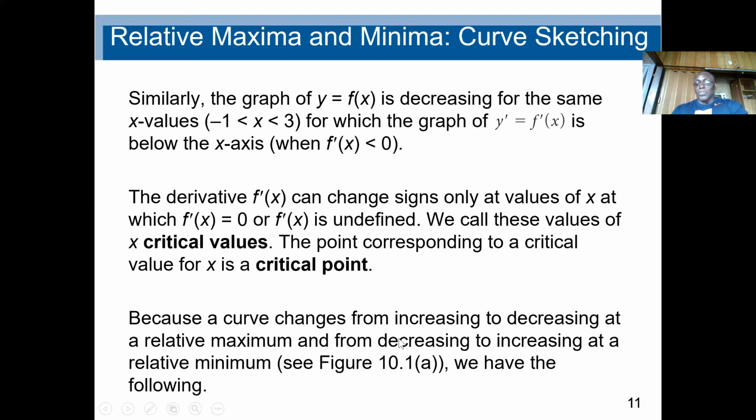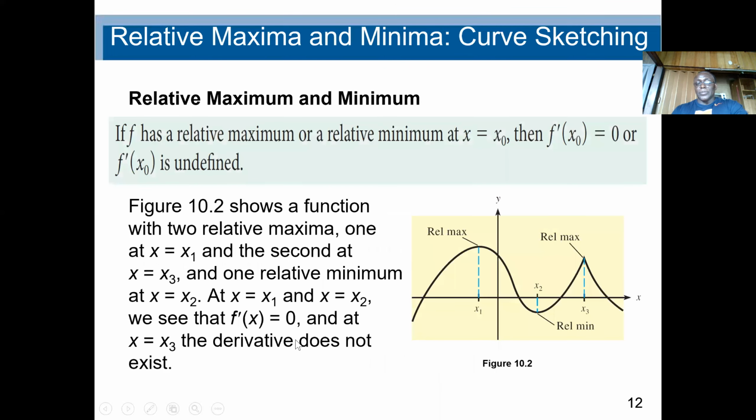Because the curve changes from increasing to decreasing at a relative maximum and from decreasing to increasing at a relative minimum, we have the following. If f has a relative maximum or relative minimum at x equal to x0, then the derivative of f at x0 equal to 0, or the derivative of f at x0 is undefined. And this will give us again the critical values.